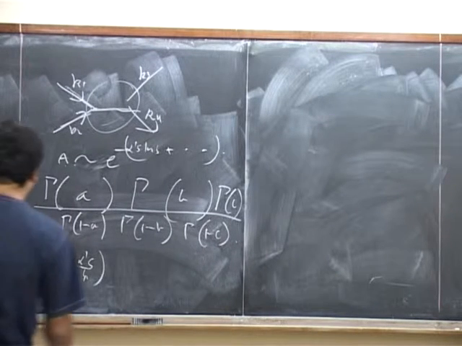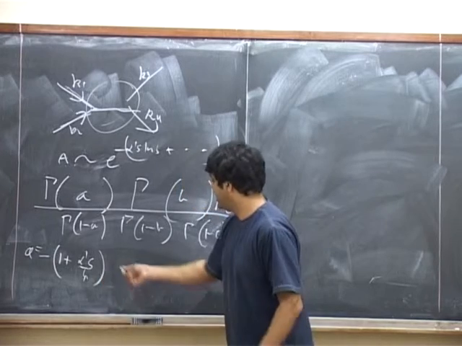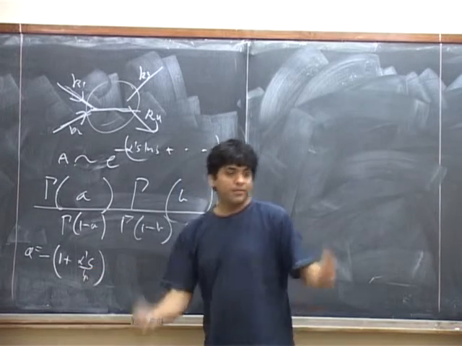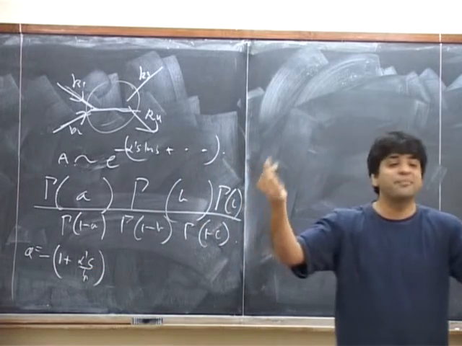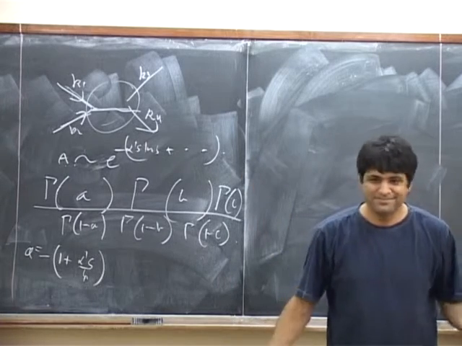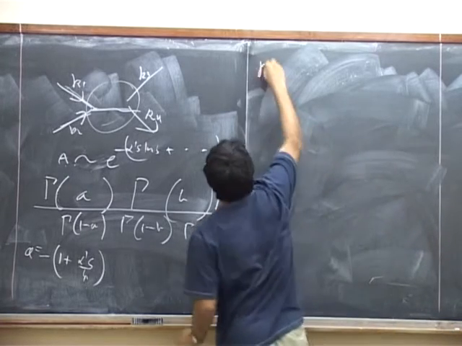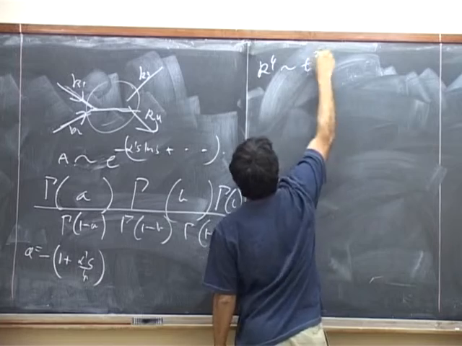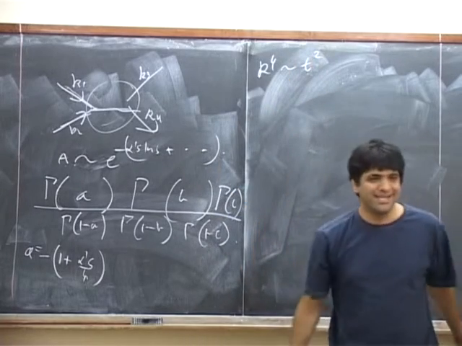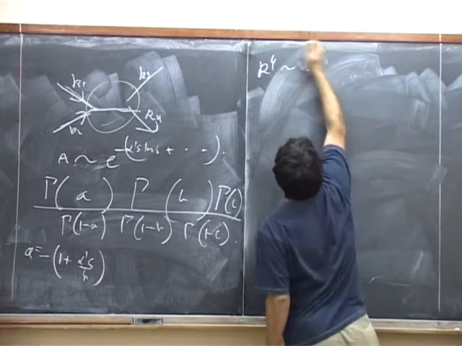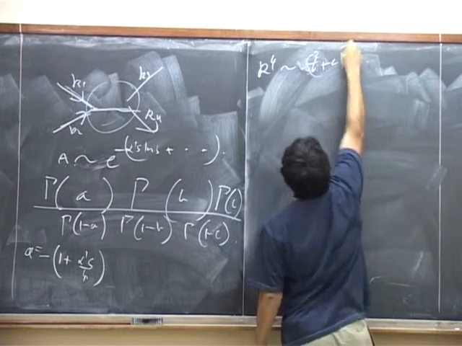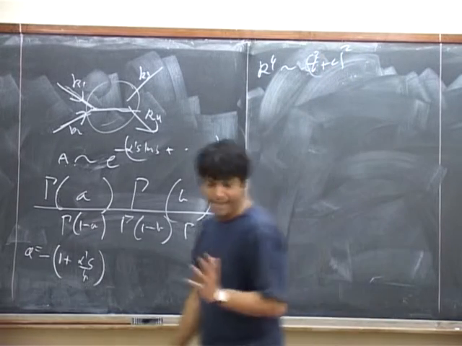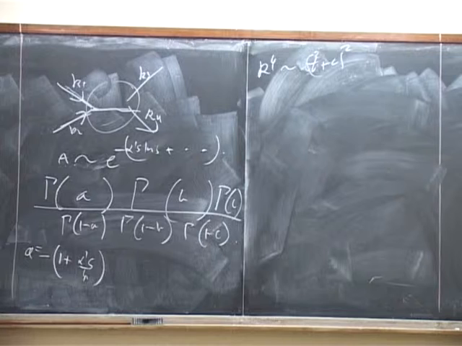We saw that when we sat at the graviton pole, we got contributions proportional to k to the 4, which is like t squared, some polynomial in t, t plus a constant, squared. We consider the pole at s equal to 0.